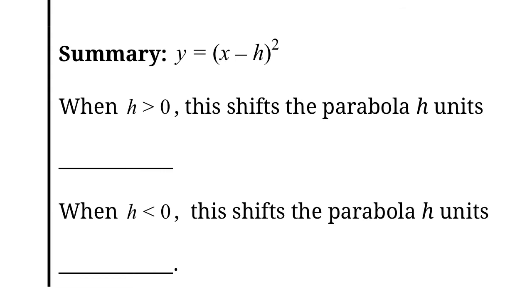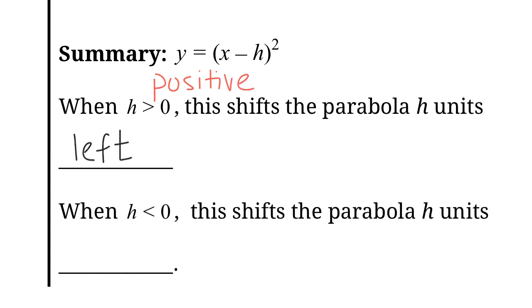So let's summarize those findings because the horizontal translations can sometimes be a little tricky. When you have an h value, so that's the number inside the bracket, when that value is greater than 0, meaning you have a positive number inside your bracket, you are going to shift your parabola to the left.